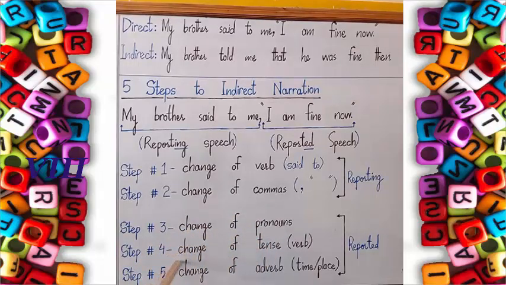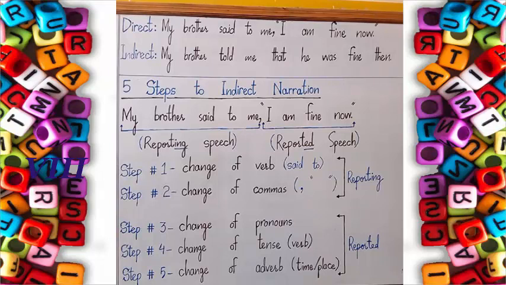Fourth step is change of tense or verb, and step number 5 is change of adverb, adverb of time or place. So you see before you, there are 5 steps. If you do these 5 steps one by one in sequence, your direct sentence will get converted into indirect sentence.